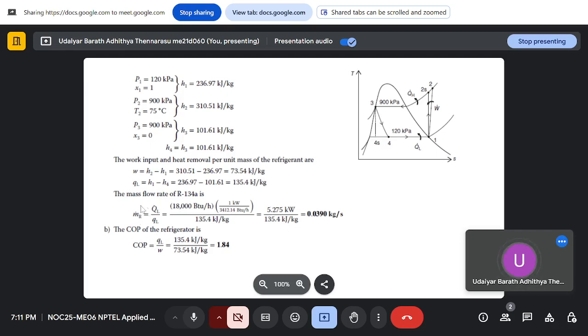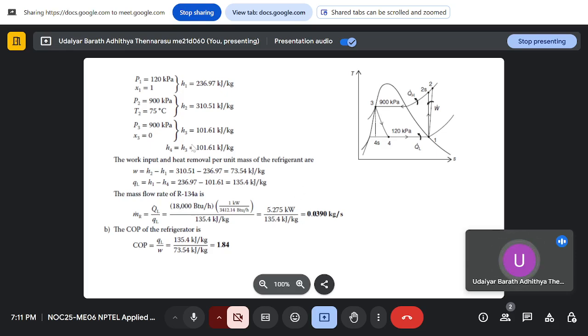So we need to find out, first, the mass flow rate of the refrigerant. The total cooling load which is required is 18,000 British thermal unit, and 1 kilowatt is 3,412.14 British thermal unit, so you can say straight away 5.275 kilowatt.